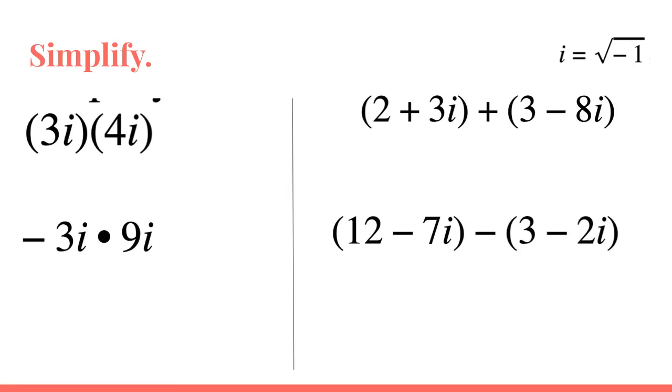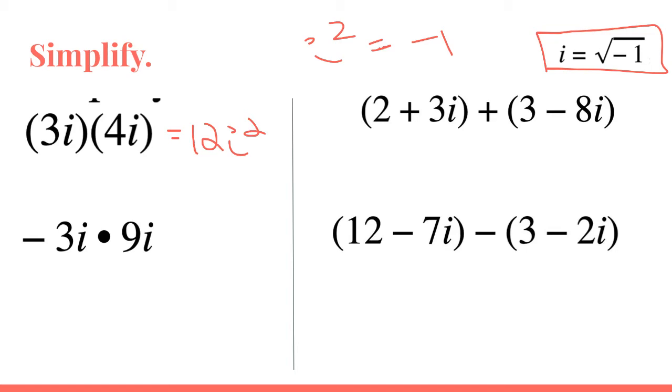Now we're going to do a little bit of simplifying, given that i is the square root of negative 1, and i squared, we just said, was always negative 1. So whenever you see an i squared, I want you to think about replacing it with a negative 1. So in this first problem, 3 times 4 is 12, and then we get that i squared that I just mentioned. So we want to replace that i squared with negative 1. 12 times negative 1 is negative 12. The answer there would be negative 12.